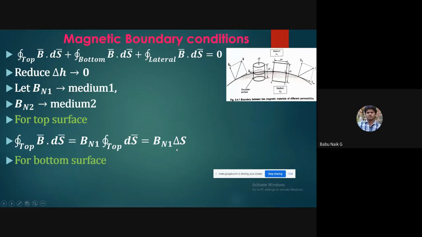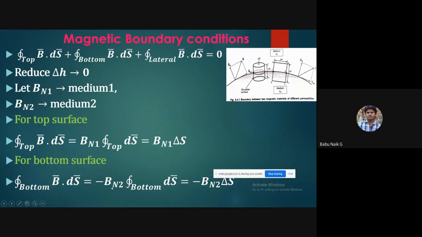Now, in a similar way, consider the bottom surface. The bottom surface is in medium 2, which is opposite to this Bn1. Bn1 is in this direction, as you can see from my cursor, and Bn2 is opposite to the Bn1 direction.